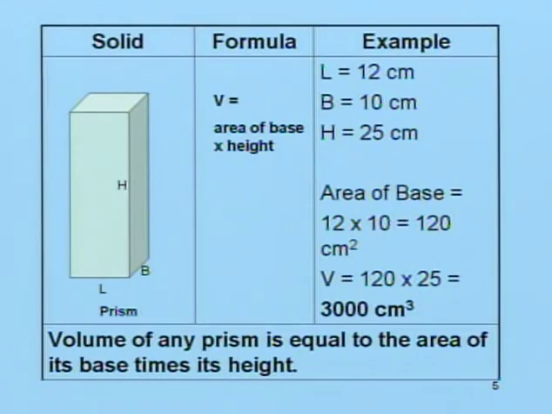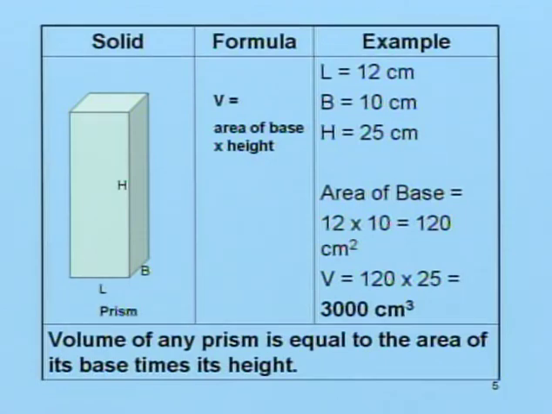If we are given that L is 12 cm, B is equal to 10 cm, and H is equal to 25 cm, then the area of the base is equal to 12 times 10, which is 120 cm squared. So if we multiply that area by the height, that is V, the volume, is equal to 120 times 25, which will give us 3,000.